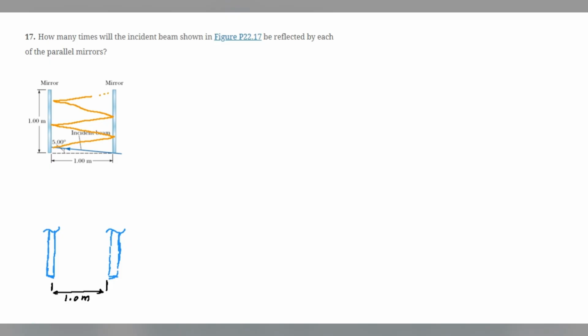And then we know that there will be an incident ray, and this incident ray makes an angle of 5 degrees. Let me see if I can use the straight line tool.